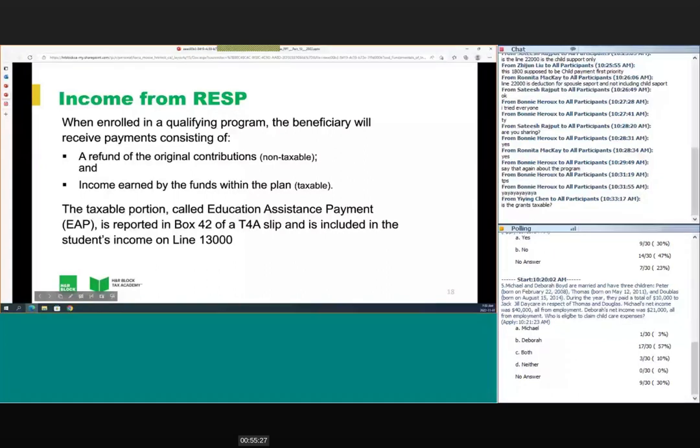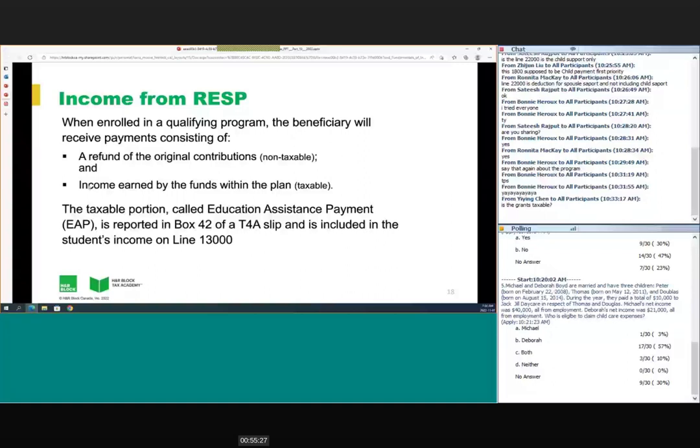So the beneficiary and the parents or the contributor will get a refund of the original contributions that is non-taxable. Why is it non-taxable? Because it's from after-tax dollars and you did not receive a deduction from your tax return. What you also get will be income earned by the funds.